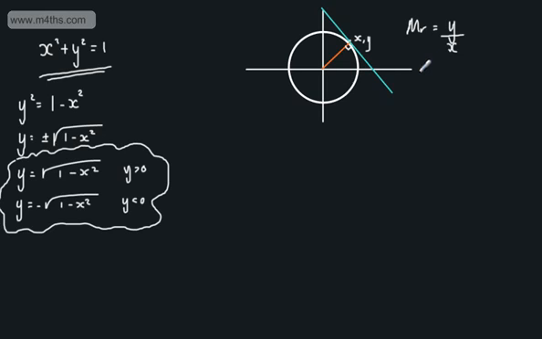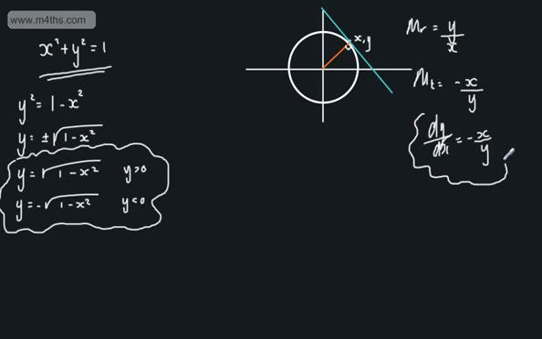Therefore, we can say from here that the gradient of the tangent, which I'll call mt, is going to be minus x over y. Therefore, if I wanted now the gradient of the tangent at any given point on this curve, we could say dy by dx will be equal to minus x over y. Now, this intuitive sort of understanding is going to help us really get to grips with what we're seeing here.